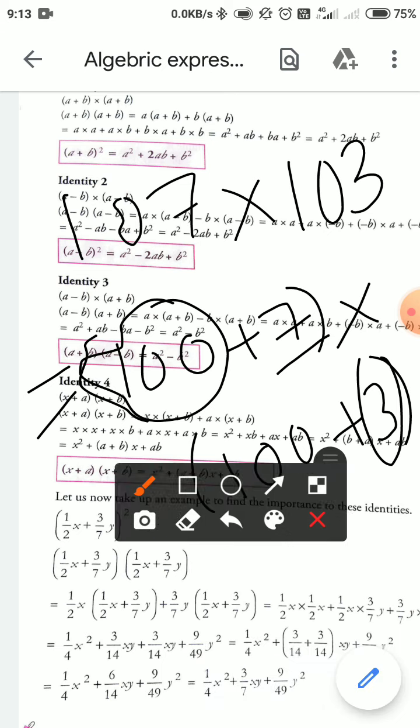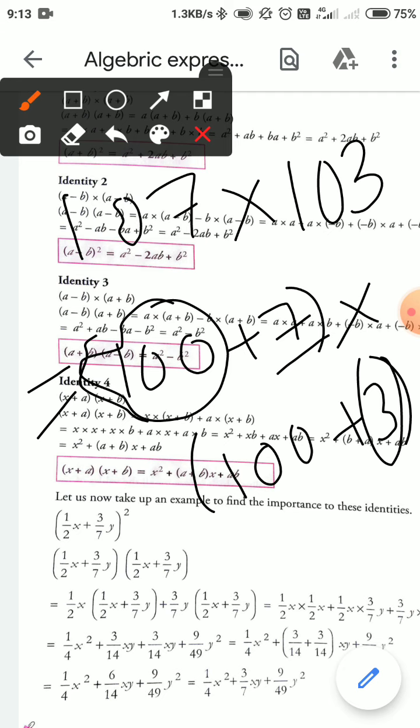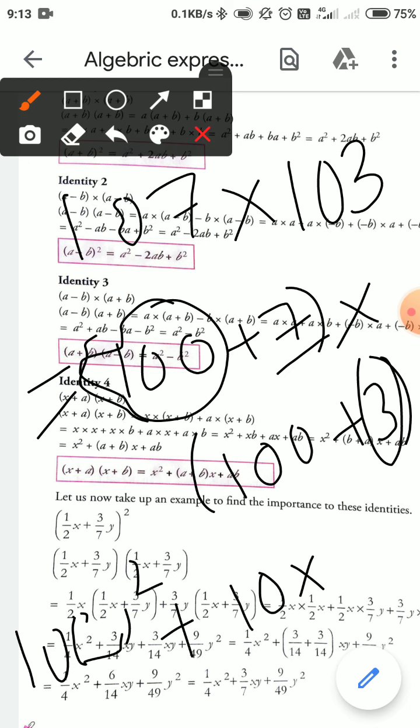Here what you will do is you will simply write the identity: 100 square plus a plus b, that is 7 plus 3 is 10, into 100 which is equal to x, plus a into b, that is 21.